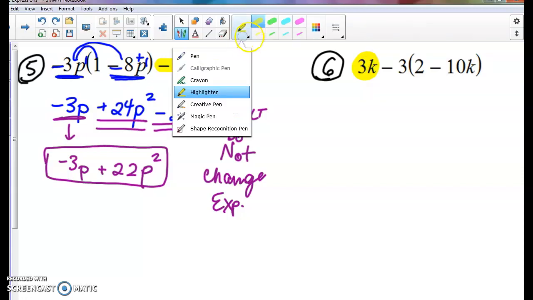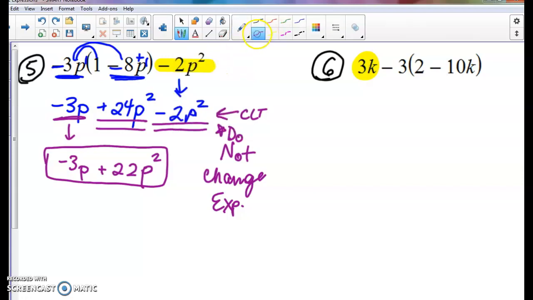Since he's that guy there in front all by himself, he's just going to drop down. So my 3k's in front, he just drops down. Which means my negative 3, we always use that sign in front, negative 3 is going to be what we distribute to our parentheses. So we're going to do negative 3 times 2 and get negative 6. Then negative 3 times a negative 10k. So negative times a negative makes a positive 30. And now k is the only variable there, so k drops down and stays with the 30.